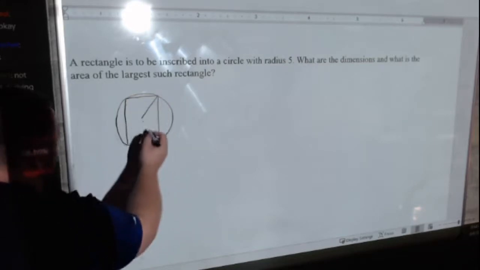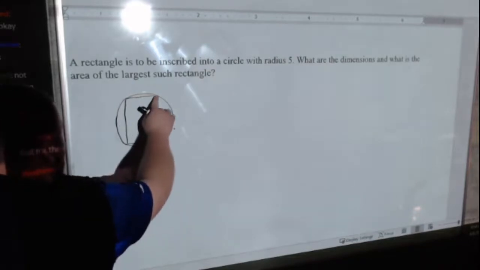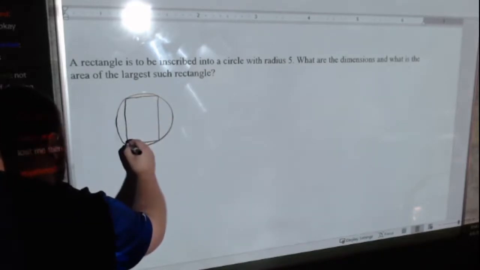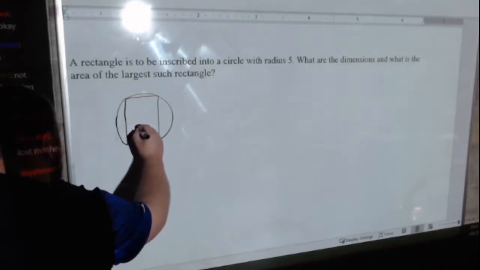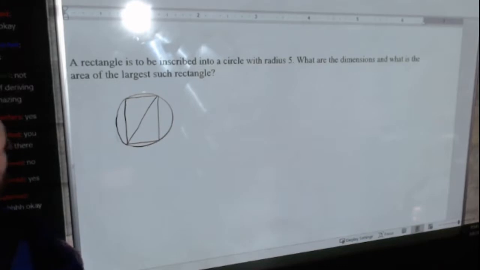So that's a radius. This down here is a radius. What if I drew it from this corner up to that corner? What would that be equal to?